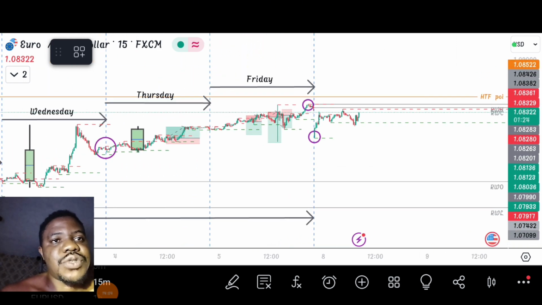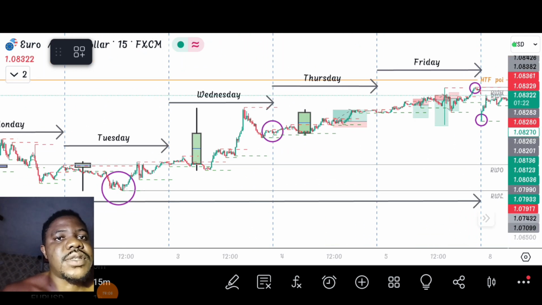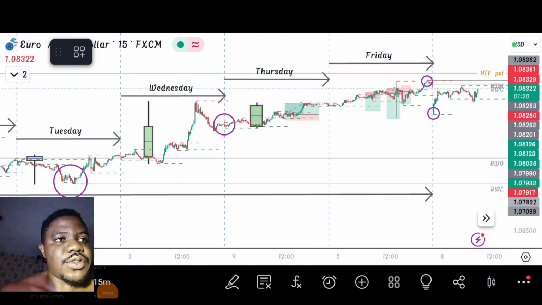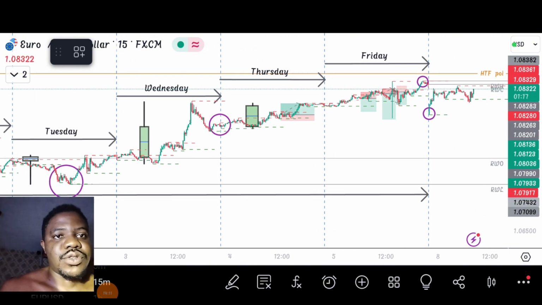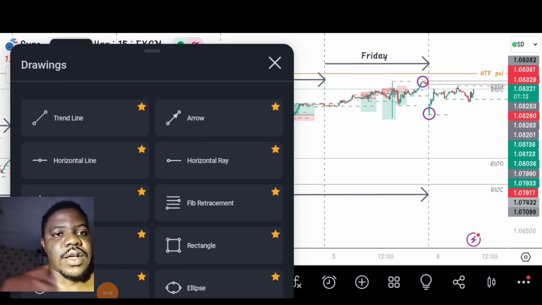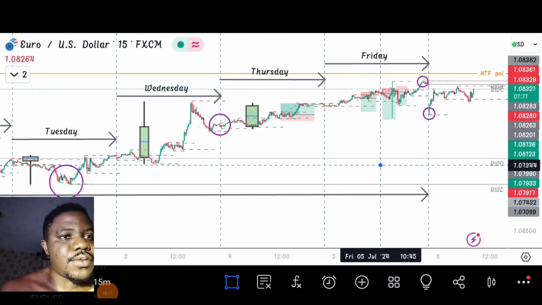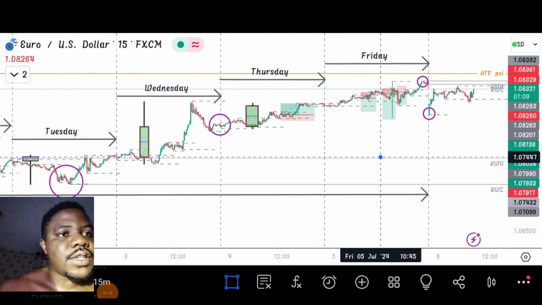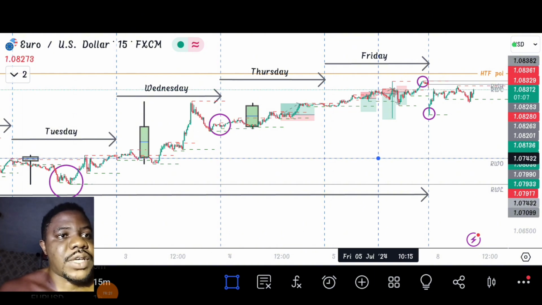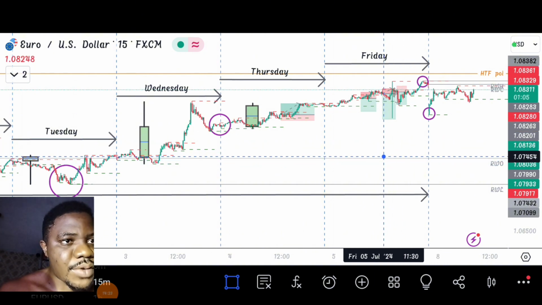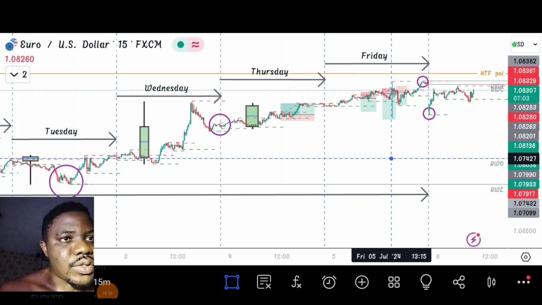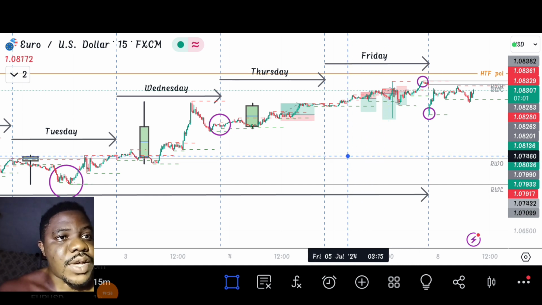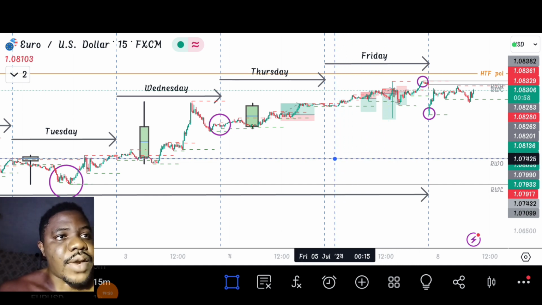Let me shrink my screen and bring it up a little bit. Like you can see now, as always, we bring out our rectangle tool, and then we want to draw from the recent weekly open to the recent weekly close. So this is where our recent weekly open is. We choose a part of our screen where it will not interfere with price action or cluster much on our chart.